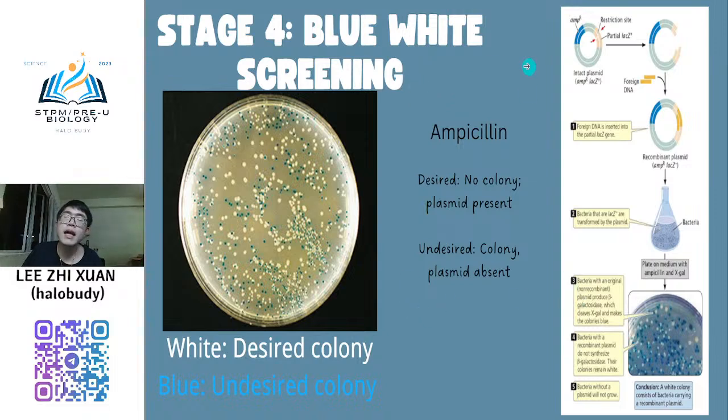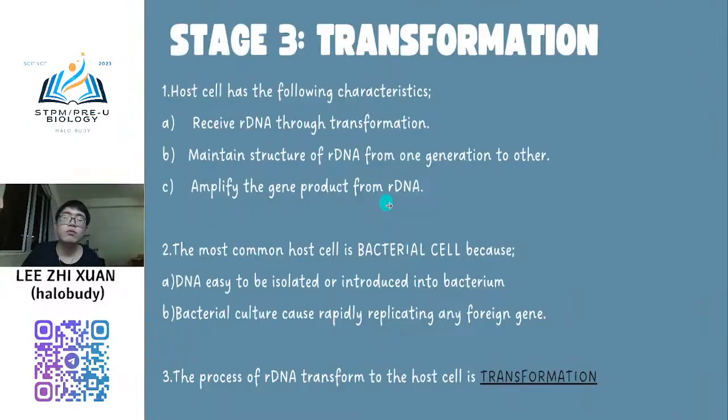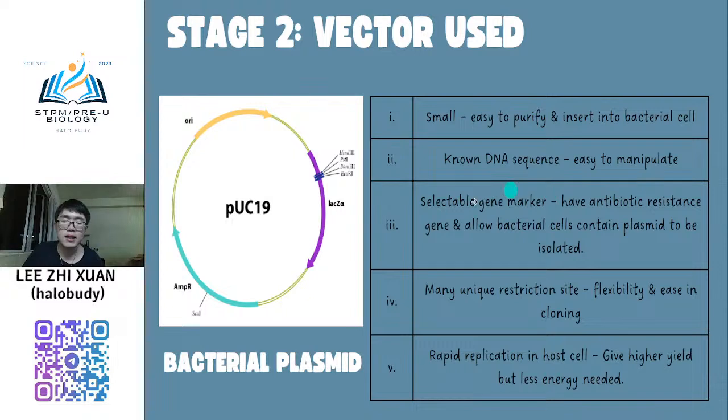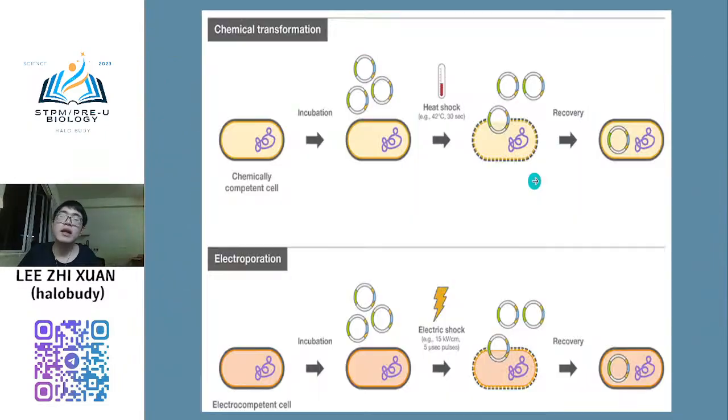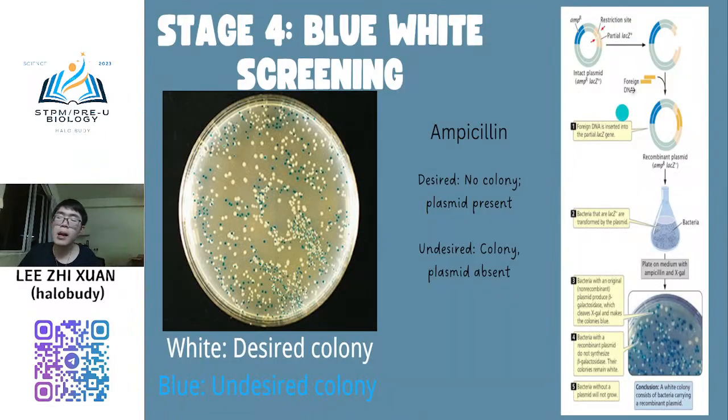Normally ampicillin is based on the antibiotic resistant gene found in the plasmid. This is one of the characteristics, the selectable gene marker. We need to select the plasmid. So in the vector, the plasmid normally contains the ampicillin resistant gene.